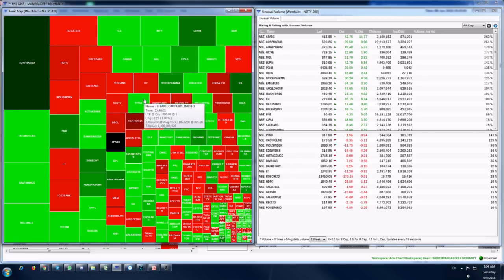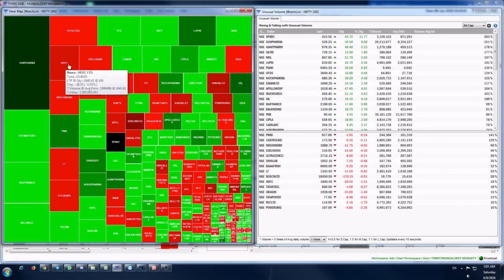Now if you see that a particular stock, for example Sun Pharma, is in the darkest green in the heat map, and at the same time Sun Pharma is also listed under the unusual volume counter, that makes that particular scrip a very strong scrip to trade with.